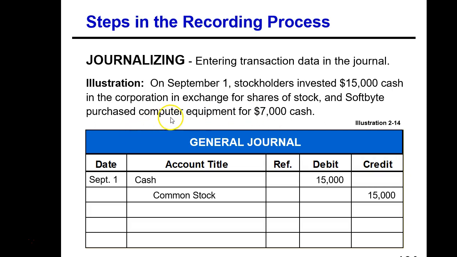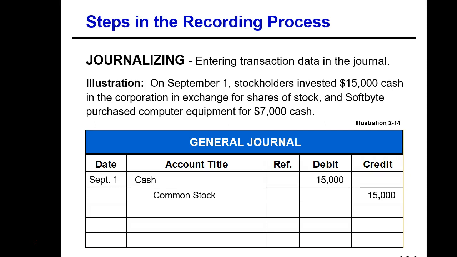So we have two accounts, computer equipment and cash. They are both asset accounts. My equipment account is increasing while my cash account is decreasing. The rule says asset accounts increase on the debit side and asset accounts decrease on the credit side.